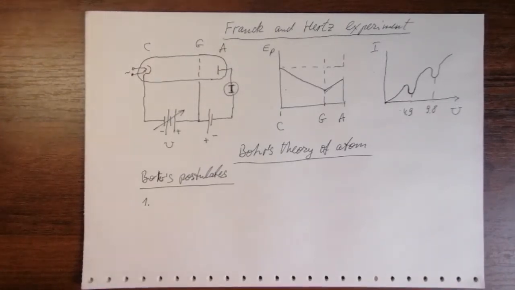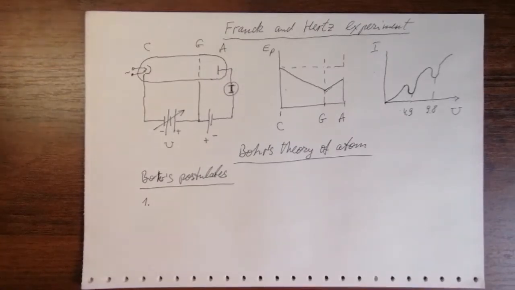And in the atom, it was assumed that in the center there is a heavy nucleus, and electrons travel on closed orbits around the nucleus. We remember that this movement in a finite volume should be accompanied by emission of light because of acceleration of electrons.